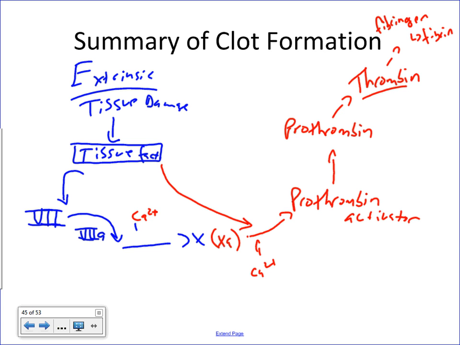Fibrinogen to fibrin. What's also important in this process of converting prothrombin into thrombin are platelets, more specifically the phospholipids within the platelets.